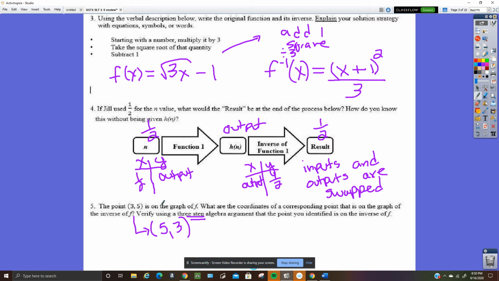Y equals x would be the perpendicular bisector of the segment connecting these 2 points. So that's one way you could prove it algebraically. But we're not going to do that because I didn't show you that, so we'll just skip that for now.